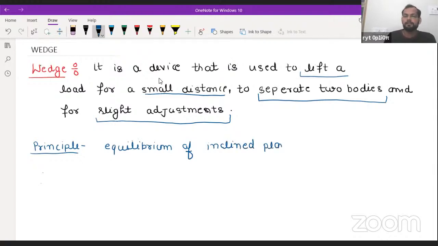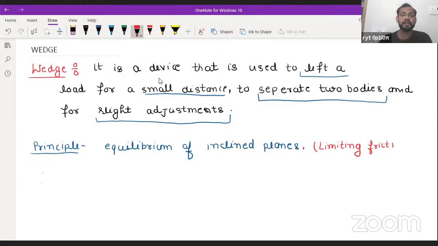Fine. And one more important thing that you will have to consider in case of wedges: whenever you get a question on wedges, the condition of friction will be the limiting friction condition.